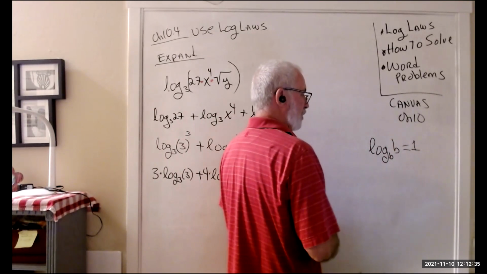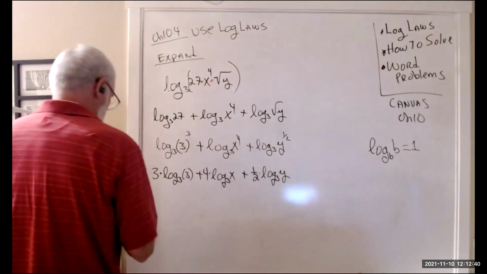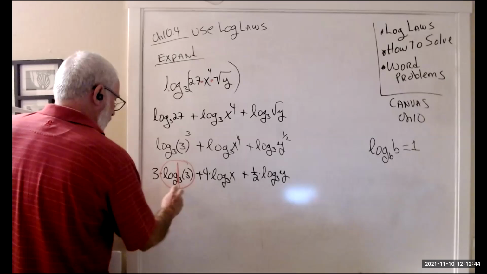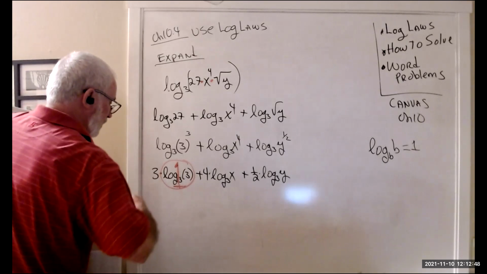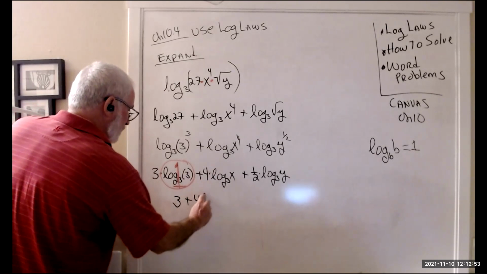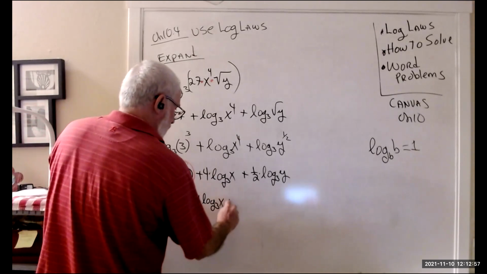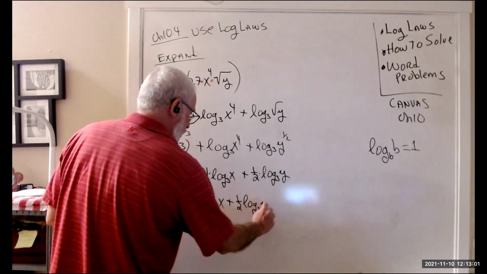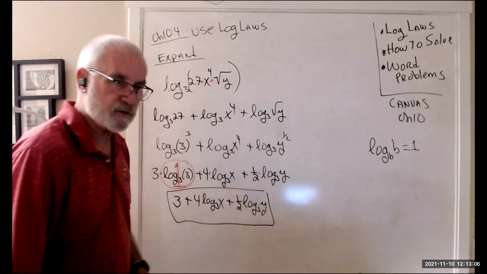So log base 3 of 3 is 1. So your final answer for this problem is 3 plus 4 times the log base 3 of x plus 1/2 times the log base 3 of y. And that would be your final answer.